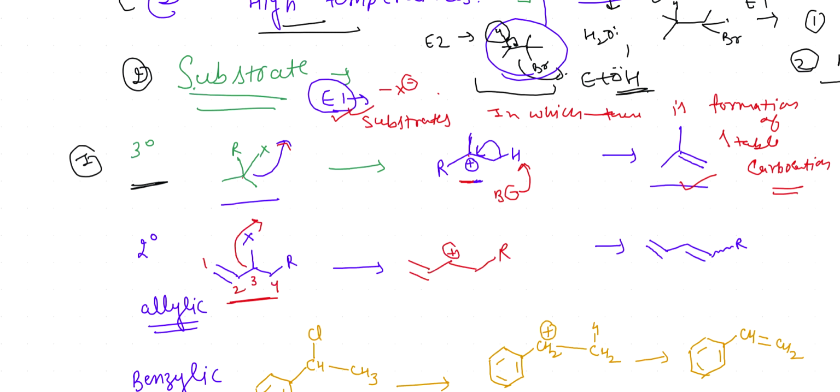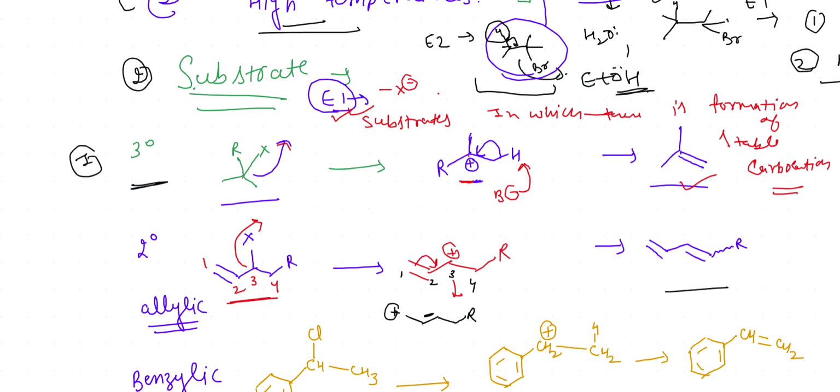This pi bond will give electron to this carbon. Now, this is carbon number 1, 2, 3, 4. Now, there is the positive charge on carbon number 1 and the double bond between carbon number 2 and 3. So in this way, the carbocation is stabilized. Thus, it is yielding a product that is alkene. So this is elimination product.